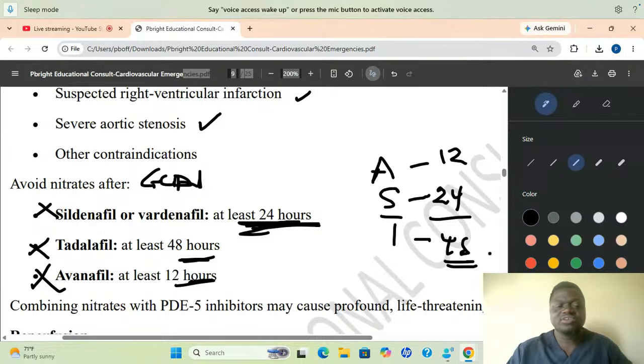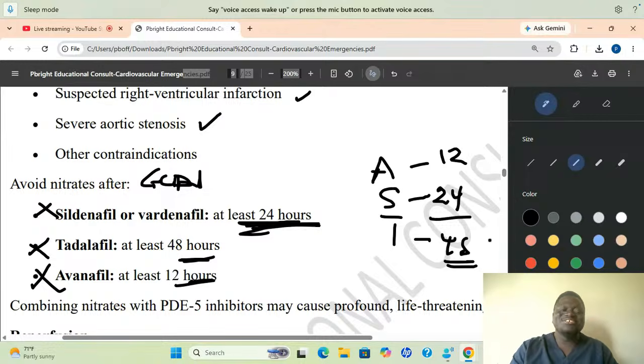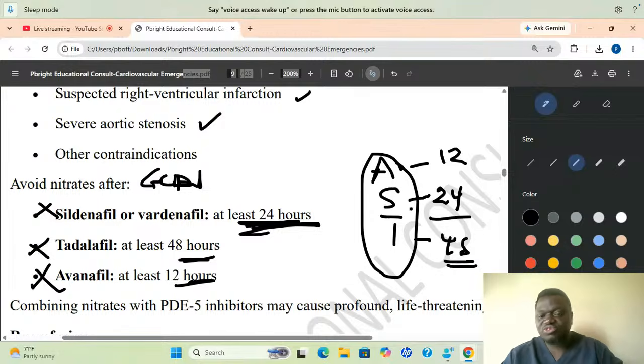I've done tadalafil. If you know this acronym, you will not see it in any book. This trick I've given to you, you will not see in any book on this earth. AST, 12, 24. So avanafil is 12 hours, sildenafil is 24 hours.